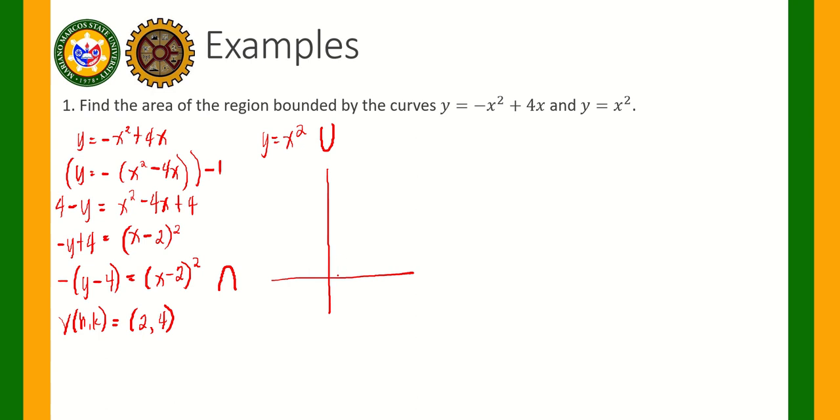For example, this is 1, 2, tapos 4 yung ating y. 1, 2, 3, 4. So, nandito yung ating vertex. Tapos, it opens downward. Okay, so this is our first curve. Tapos yung second curve natin opens upward. So yung vertex niya is nasa 0, 0.